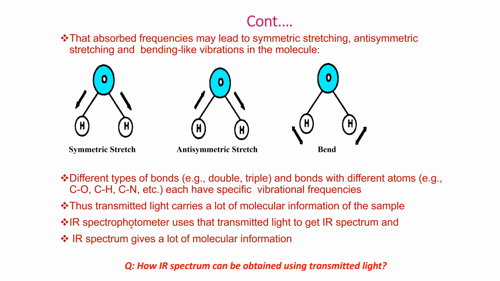The IR spectrophotometer uses that transmitted light to get the IR spectrum, and the IR spectrum gives a lot of molecular information. Now the question is how the IR spectrum can be obtained using transmitted light.